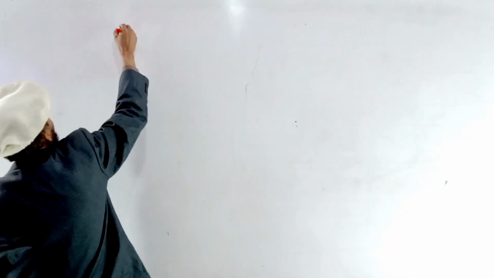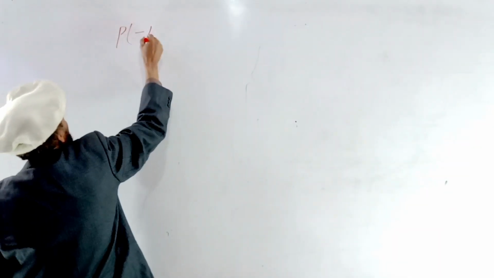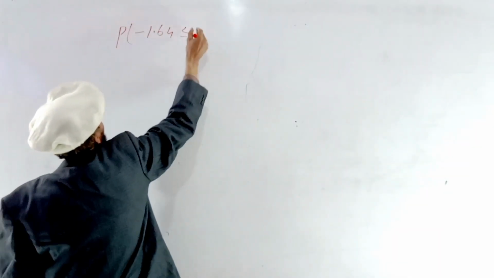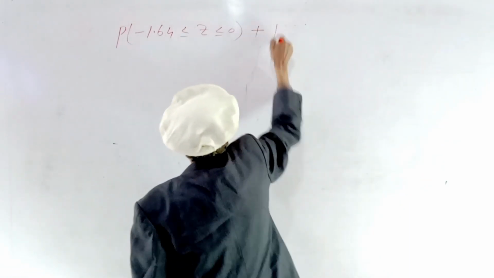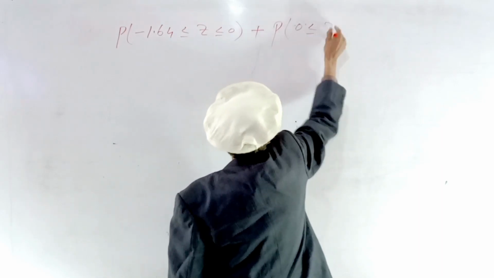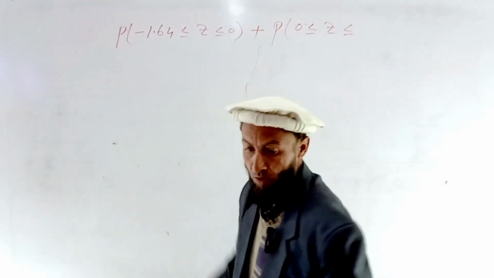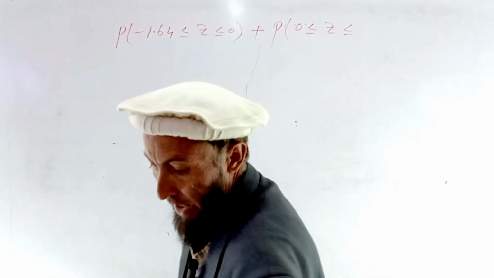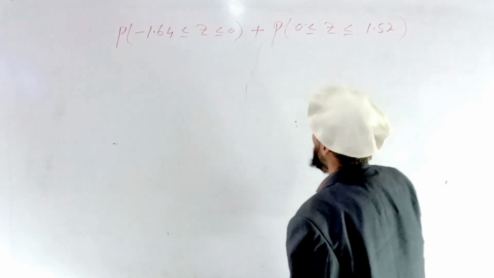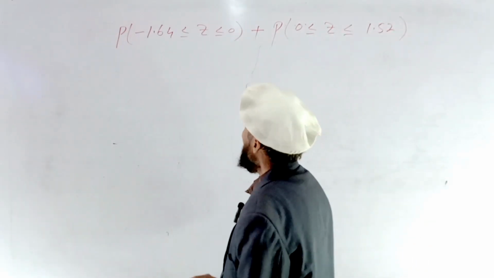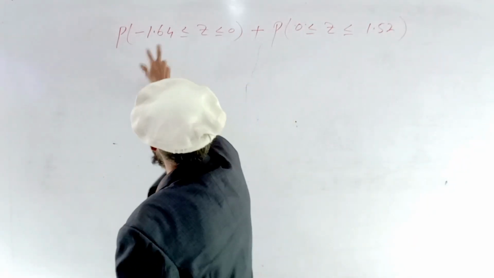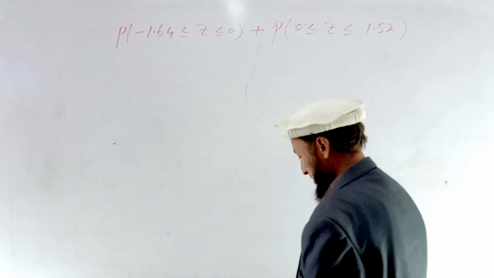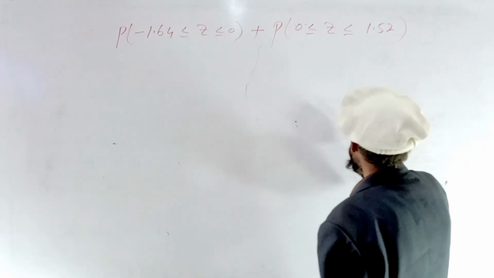Similarly, another probability: probability of minus 1.64 less than or equal to z less than or equal to 0, plus probability of 0 less than or equal to z less than or equal to 1.52. How do we calculate this area? First of all we draw the curve.